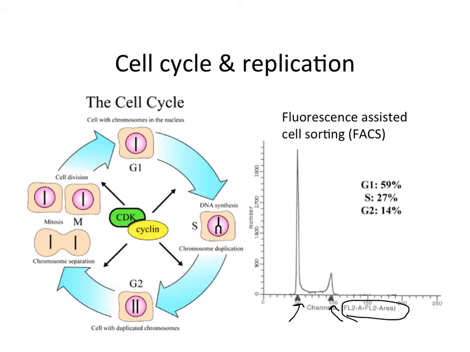So this FACS machine, fluorescence-assisted cell sorting machine, is measuring the amount of fluorescence coming out of individual cells. And this is just a histogram on the y-axis. How many cells has this machine analyzed that have that amount of fluorescence?